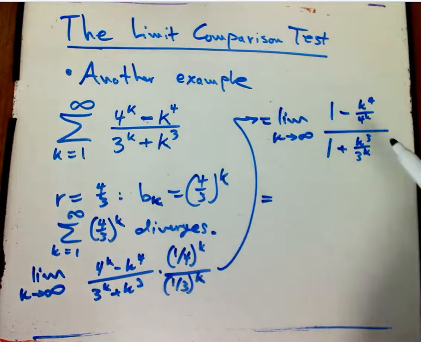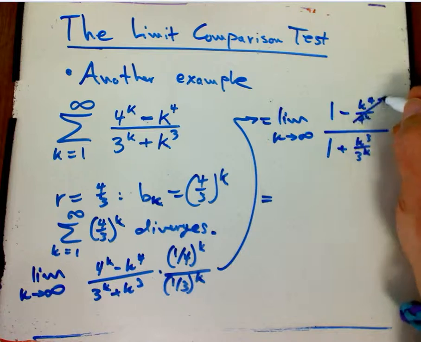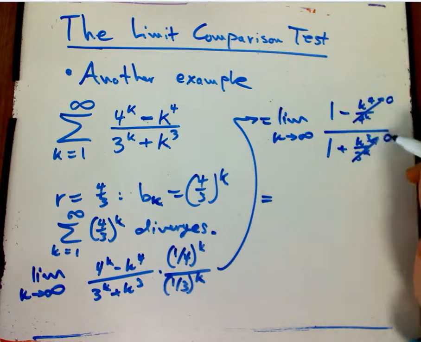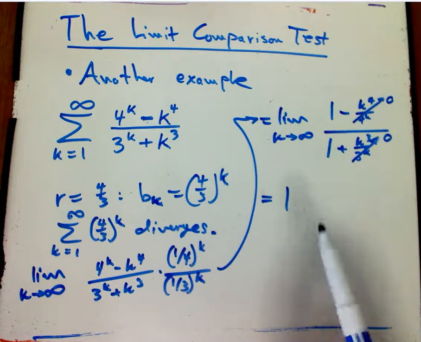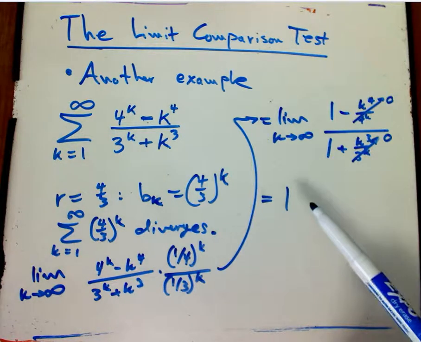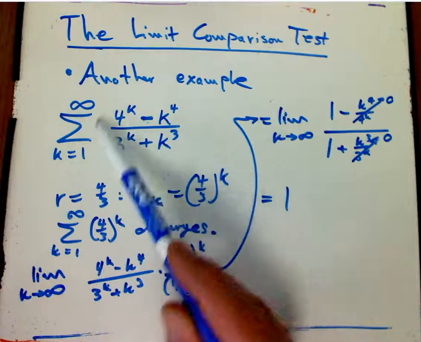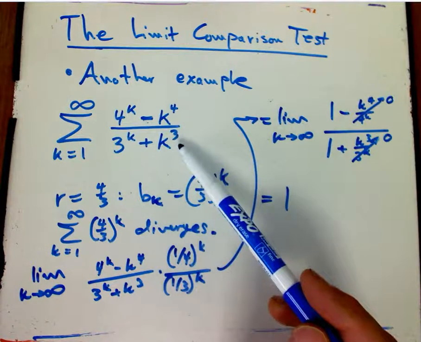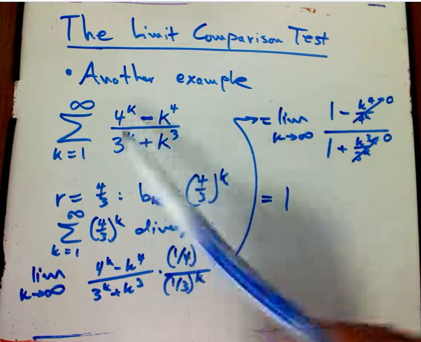Depending on how paranoid you want to be, you could quote a general result about exponential expressions beating polynomial expressions, in which case this goes to 0, and this also goes to 0, and then this is 1. That's certainly finite and non-zero, which says we found a very accurate comparison: when k is large, these numbers are quite close to 4/3 to the k, and therefore this series diverges.